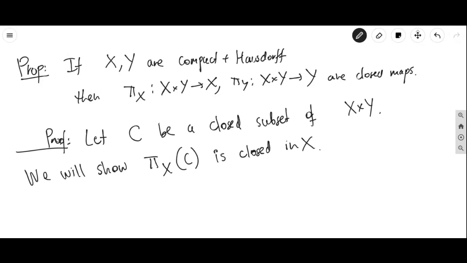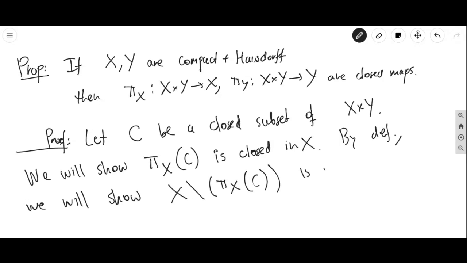So what do we do next? By definition, we will show that if you take the complement, this is open.